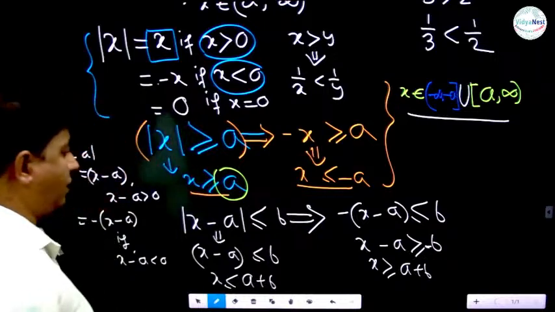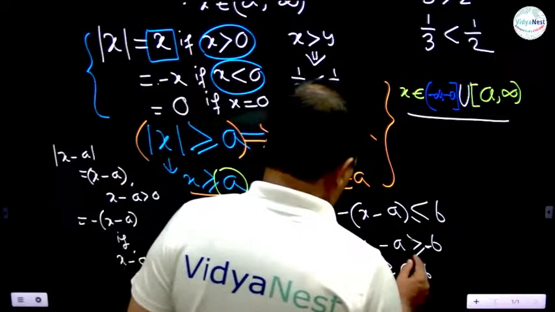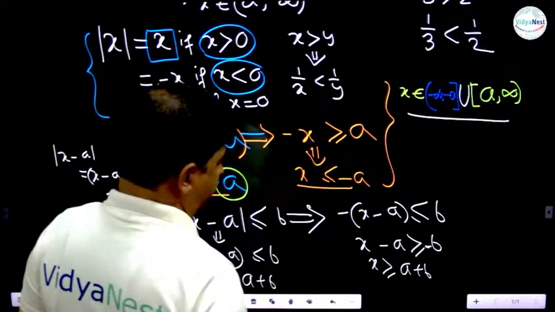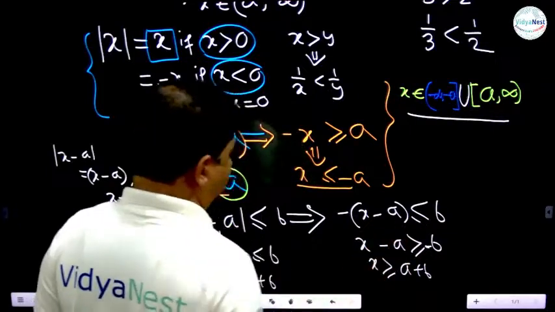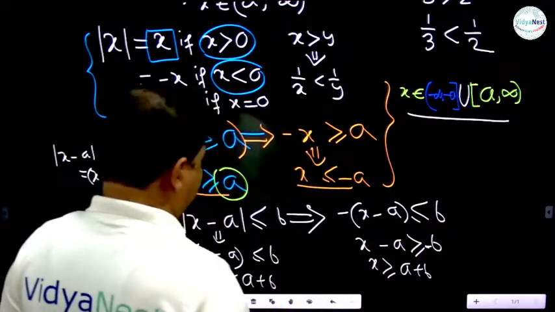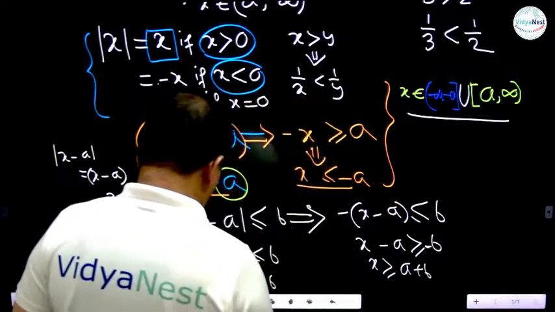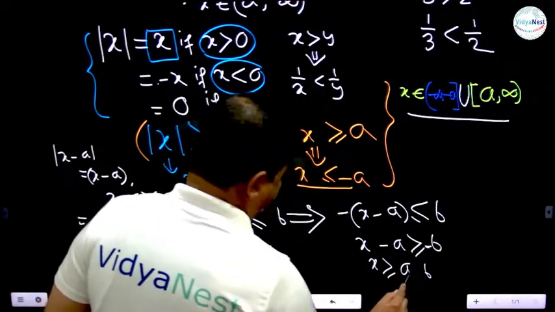So what? Just 1 minute. It is minus of x minus a less than b. One mistake, I think. Greater than or equal to minus b. There is a minus sign.